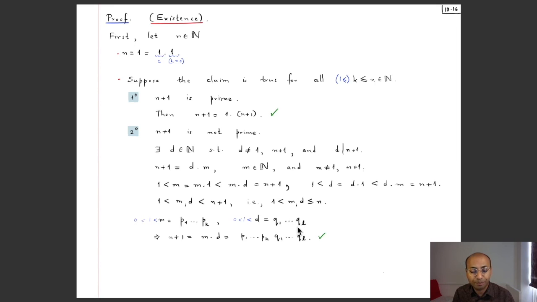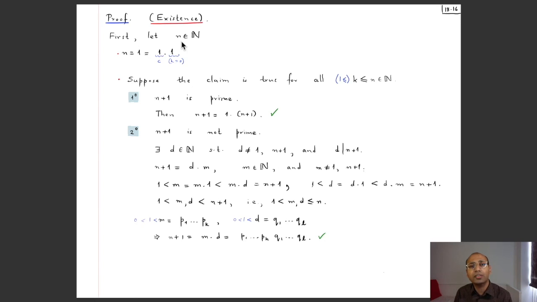So then n plus 1, which is D times m, well, m is the product of these primes and D is the product of these primes. So we have been able to express this n plus 1 as a product of primes. So this completes the induction step, and so by the principle of strong induction, we have that this is true for every natural number n.